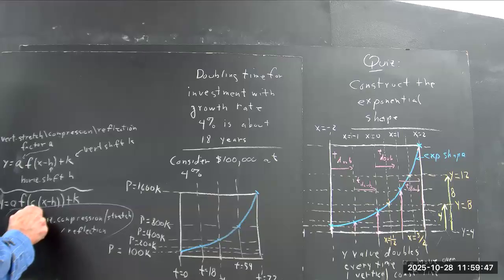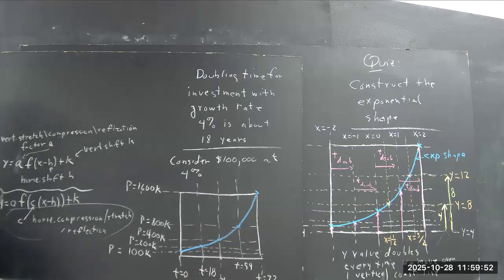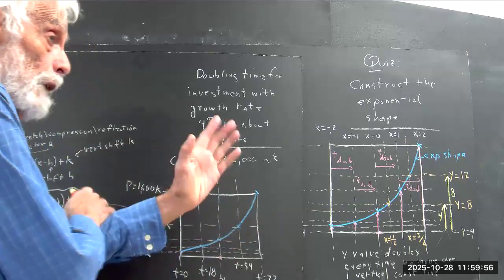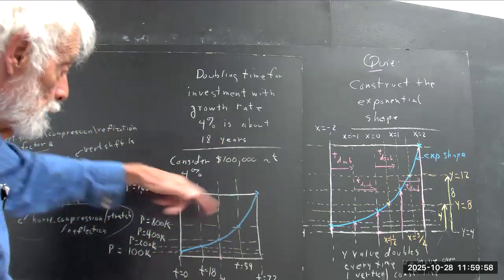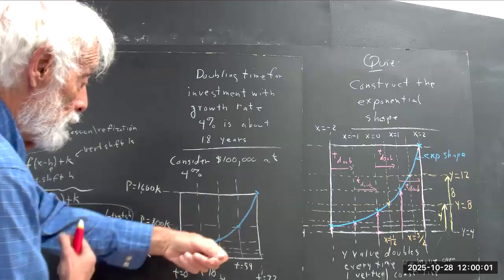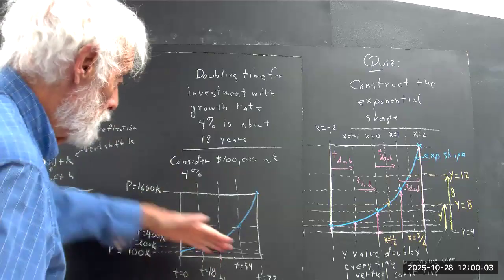So this C is your horizontal compression, stretch, or reflection. If it's negative, you got to flip the graph around, reflect it, so instead of going up, it's coming down.